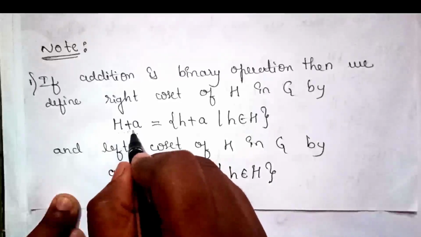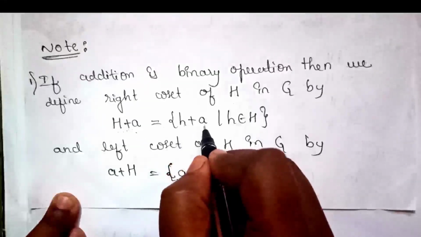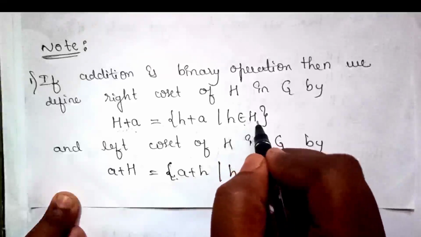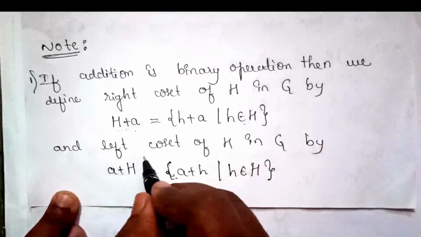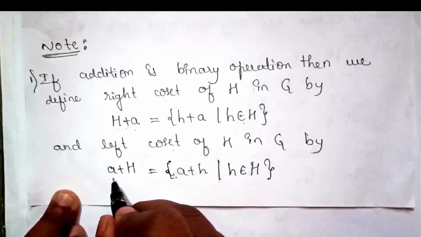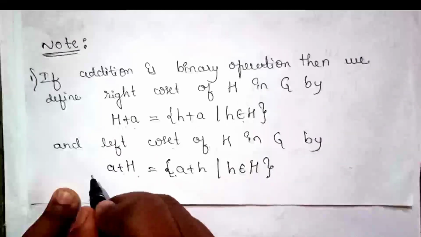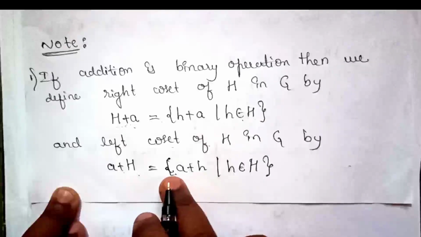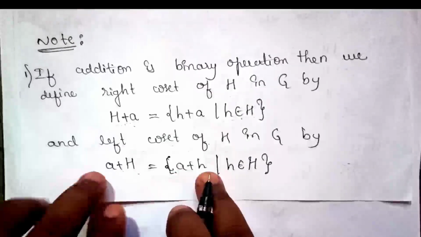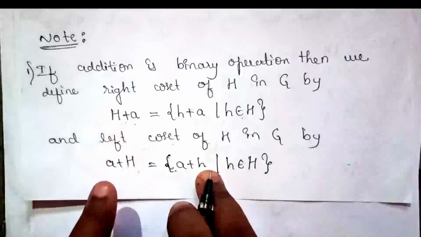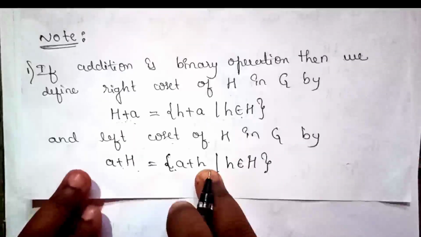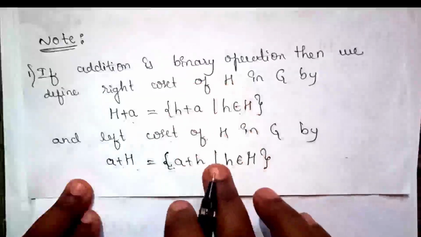So H plus A equals {h plus a such that h belongs to H}. And similarly the left coset can be defined as A plus H, where we defined A dot H earlier, which equals A plus H. So this is the right coset and this is the left coset with respect to addition as the binary operation.